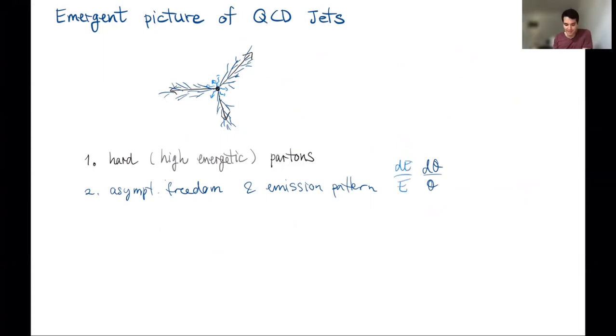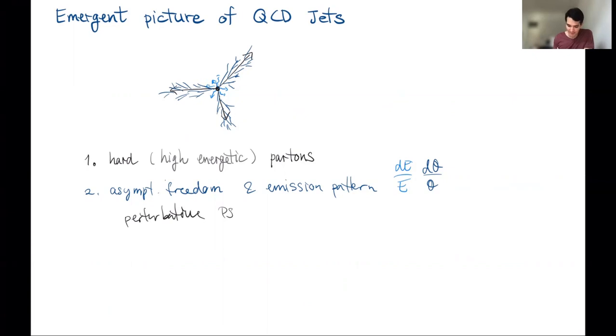So in general, when I start with this hard configuration in this so-called perturbative parton shower picture, this will be dressed with additional emissions that are collimated along these hard lines, with fuzzy large areas of emissions.